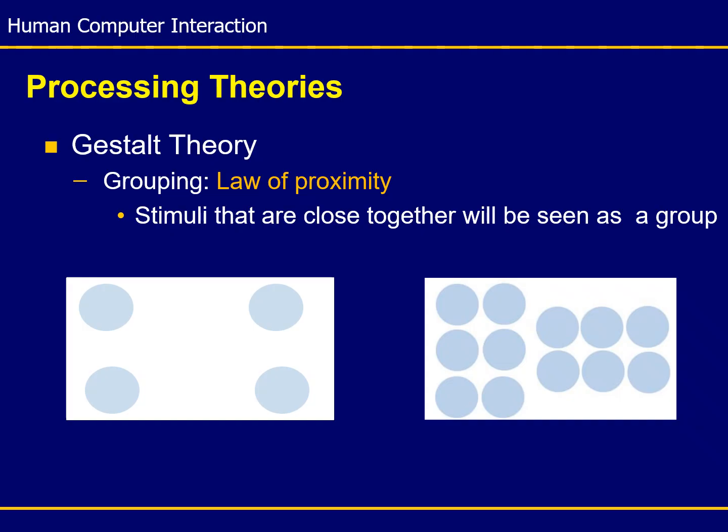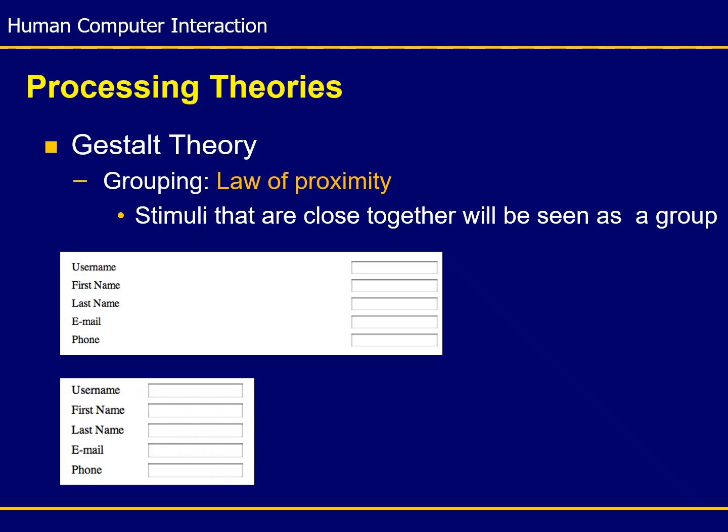So the grouping was done because the circles in each group are closer together in terms of white space compared to the other group. So the distance between the 2 groups is bigger than the distance between the circles in a group. And this is what proximity is about. If you would like to tell the user these things are related, then you would have to invoke the proximity by making them closer together.